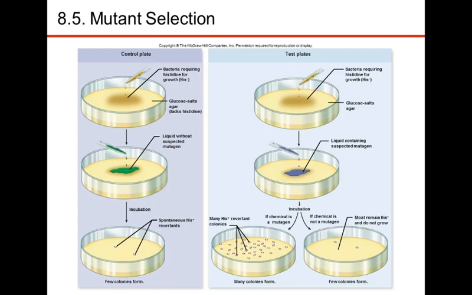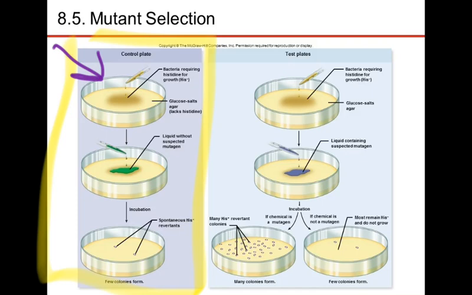And the Ames test works something like this. In every test, you always have to run controls to make sure the system's working well. And so this left panel is what you would do in the control situation. The first plate here is glucose salts agar. Remember, glucose salts is that minimal media, and auxotrophs can't grow on that media because there aren't, in this case, amino acids in there.